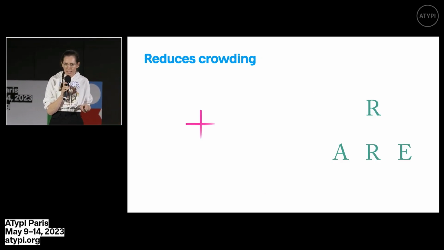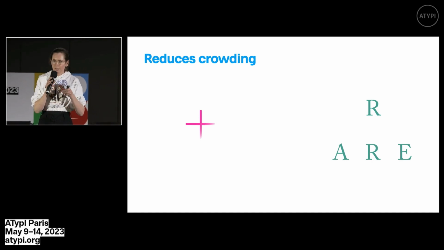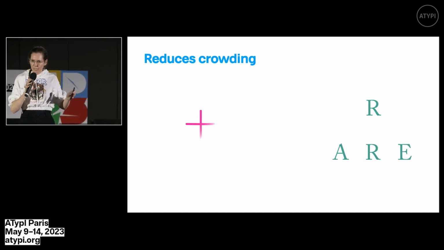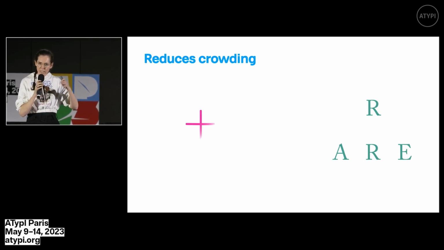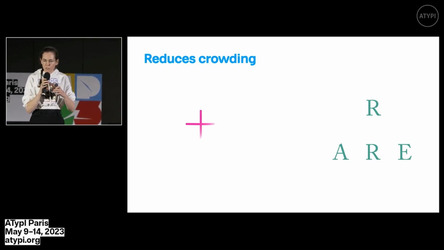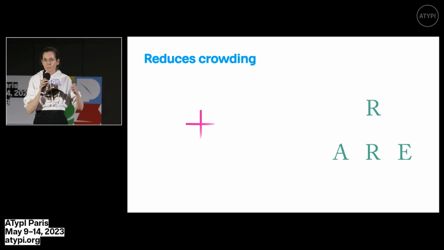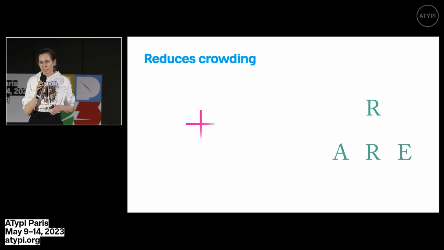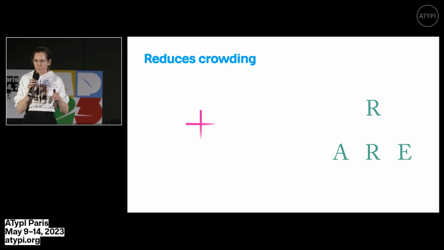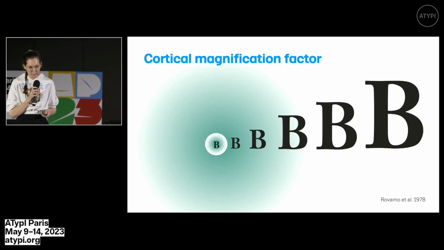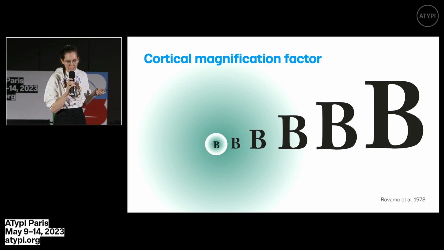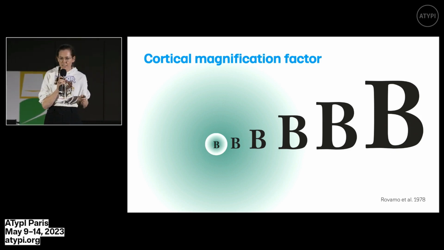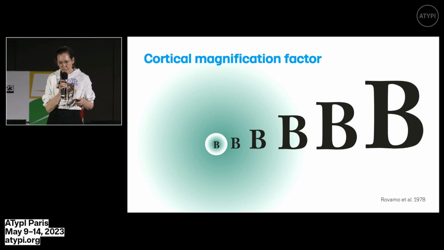So if we look back at the effect of crowding, by taking the parts of the letters further apart, we reduce the aspect of crowding within the letter. And obviously also by adding more space between the letters, we also reduce the effect of crowding between letters. But there's also another phenomenon that is interesting in this regard, and that is known as the cortical magnification factor.